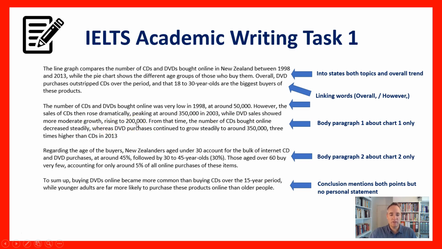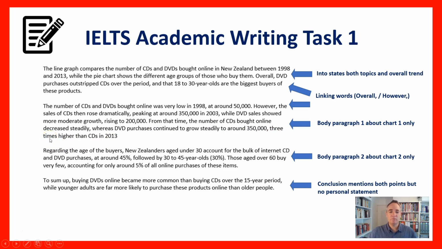So we know that CDs rose quickly compared to DVDs. From that time, the number of CDs bought online decreased steadily, whereas DVD purchases continued to grow steadily, around 350,000, 3 times higher than the CDs in 2013. So I've got a nice little use of that 3 times higher.